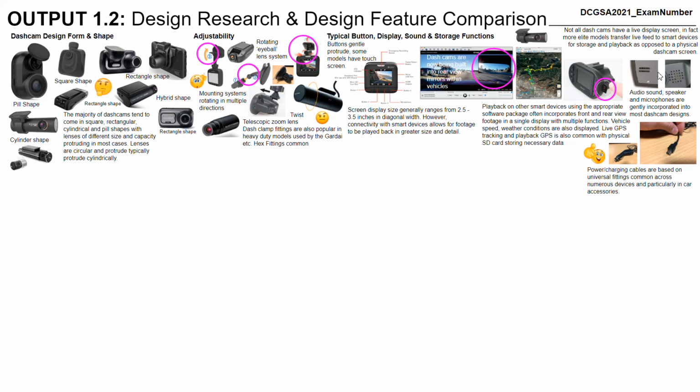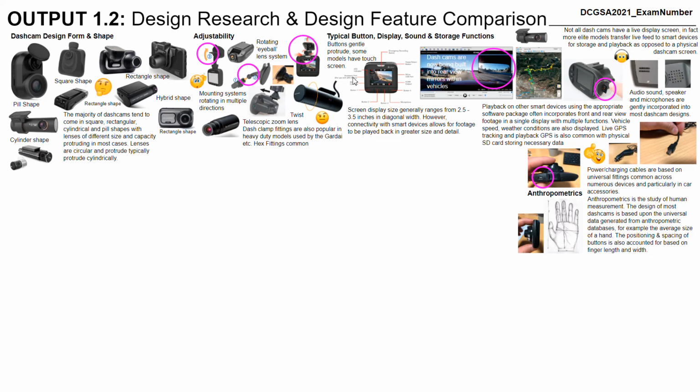Then I'm looking here at the audio and microphone speaker functions, the types of fittings and so on for power supply, be it into the device or into the car, SD cards fitting into the models and so on. And again here's power supply, I'm trying to get an understanding for the small details in the products now, okay? What really makes them work and the design of those details, okay?